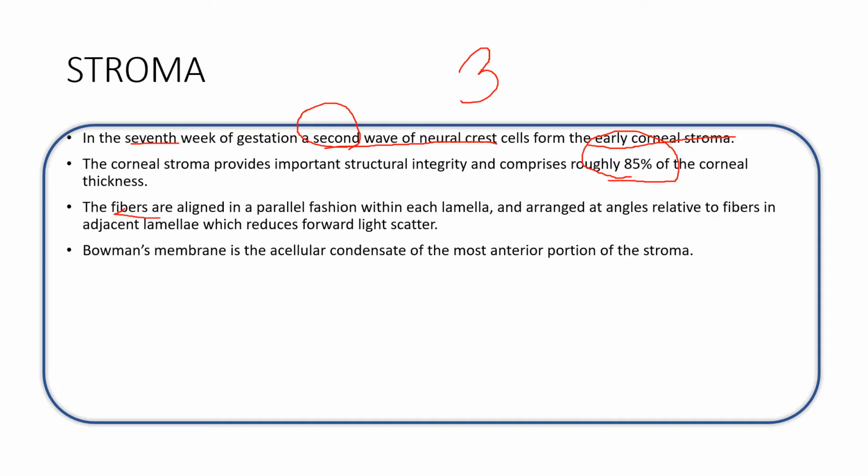These fibers are arranged in a parallel fashion within each lamella, and they are arranged at angles relative to fibers in adjacent lamellae, which reduces the scattering of light, right? And one more important thing is the acellular condensate of the anterior part of the stroma. It forms the Bowman's membrane, above which the basement membrane of the epithelium rests, right?